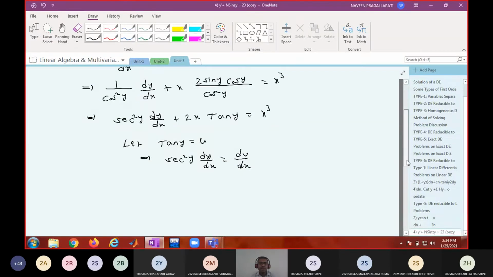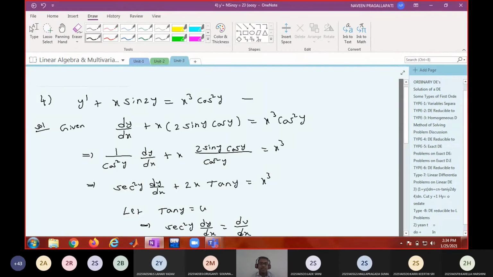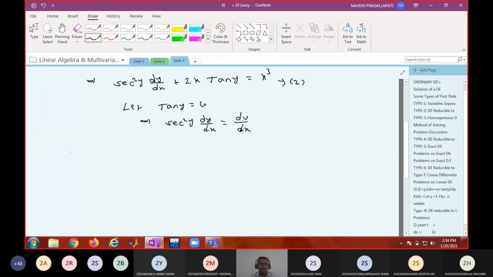Call this equation 1. Call this equation 2. Therefore 2 becomes du by dx plus 2x into u equal to x cube. What kind of equation is it?